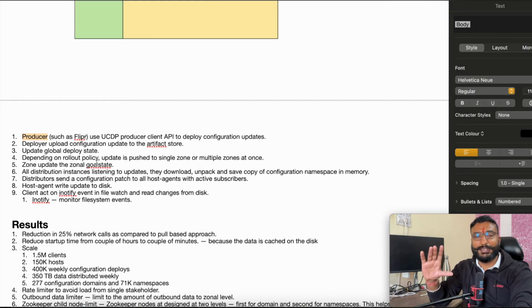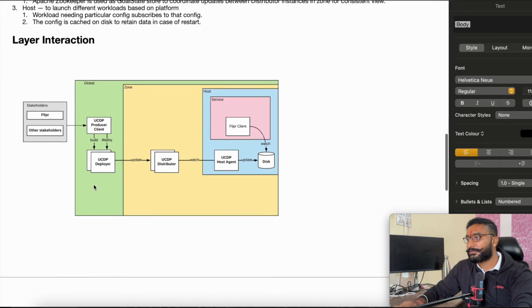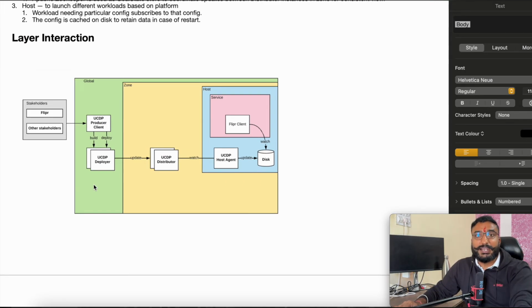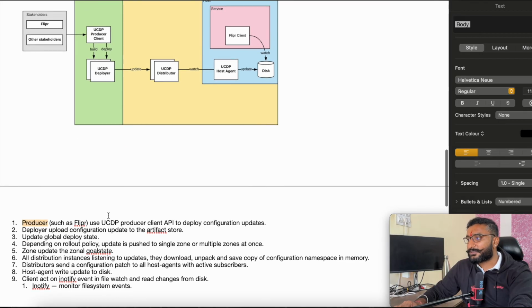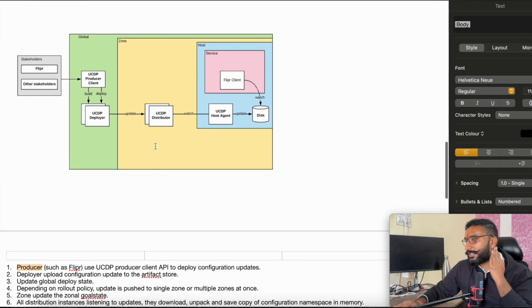So it's just that at every level, okay, you have your system deployed at global level, this UCDP, right? Then it is responsible to spread out those configurations at zonal level. Now each zone has a separate goal state which maintains these configurations, that these are the clients which are interested in these configurations, depending on whoever is subscribed.